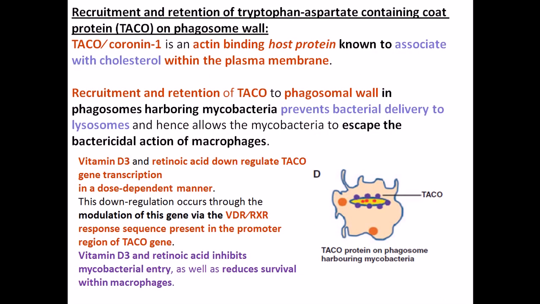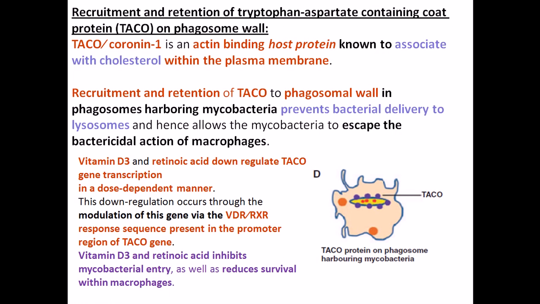And finally, the recruitment and retention of TACO, or tryptophan aspartate containing coat protein, on the phagosome wall. So you know TACO, or another name of the protein, coronin 1, is called an actin binding host protein. It's known to be associated with cholesterol. Now what we know here is that TACO is formed not only on the surface of the bacteria, it is formed on the surface of the phagosome where the bacteria is.